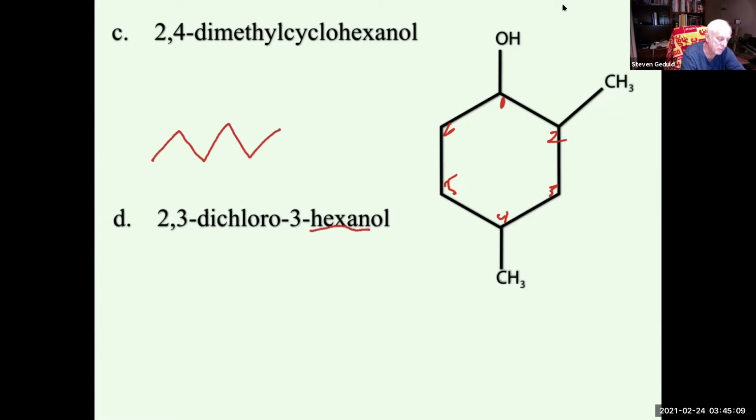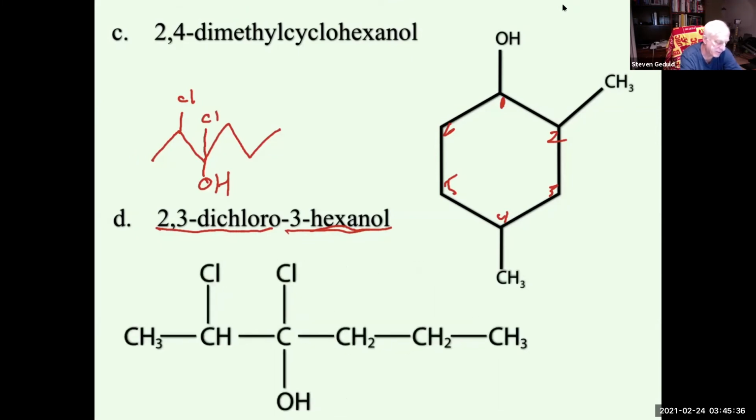An OL group, which is an alcohol, at number 3. Okay, so there's 3-hexanol right there. And at 2 and 3, there are 2 chlorine groups. So at 2 and at number 3, there are chlorine groups. So 2,3-dichloro-3-hexanol.